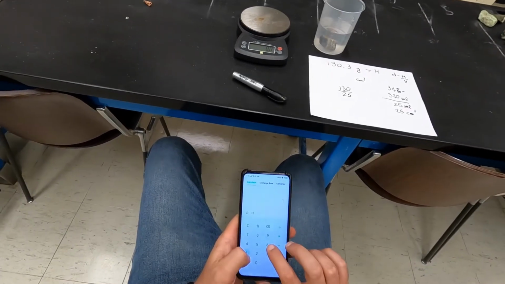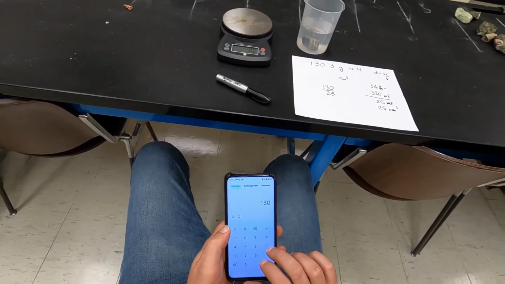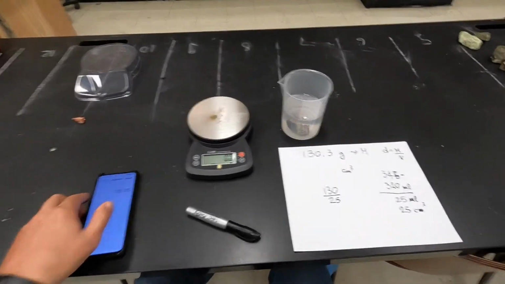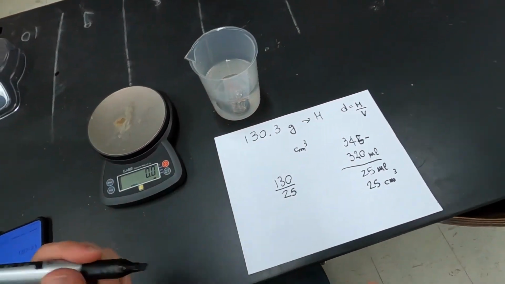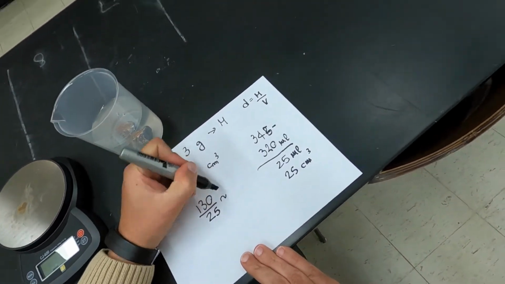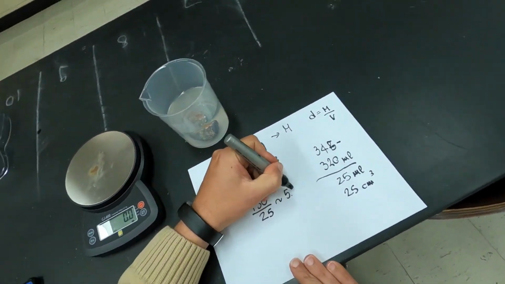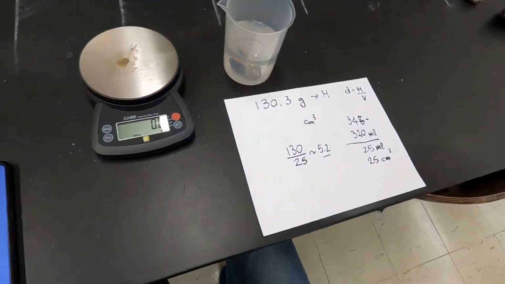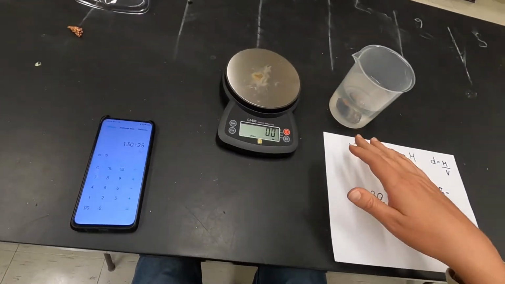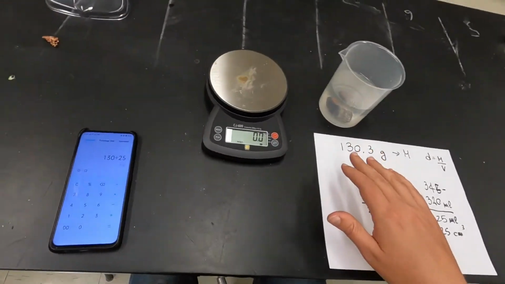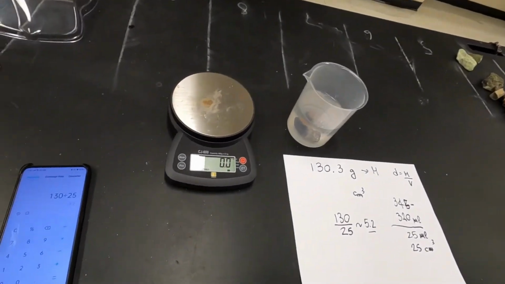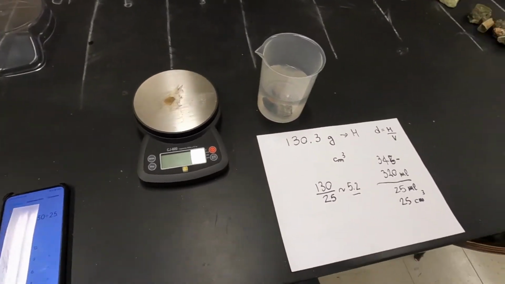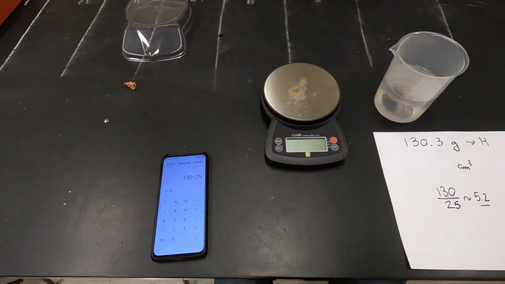So that would be 130 divided by 25, and it gives me roughly 5.2, which is close enough. Sometimes you will not get a perfect result if the specimen has other things in it, and so you need to have 100% Galena to be able to reach the same density.